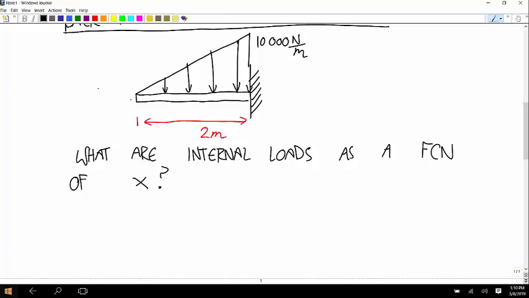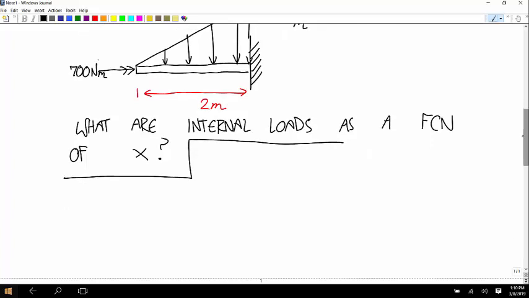Let's also put a torque on here. So let's say that we're also going to torque this end with a magnitude of 700 Newton meters. Okay, so x equals 0 is on this side, and 2 is on this side. So it's just telling you where along.